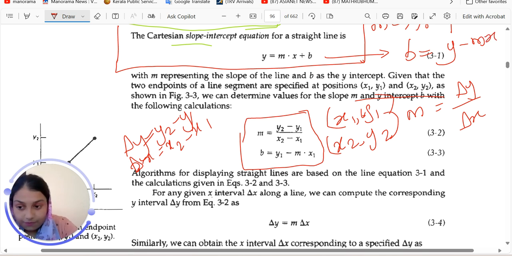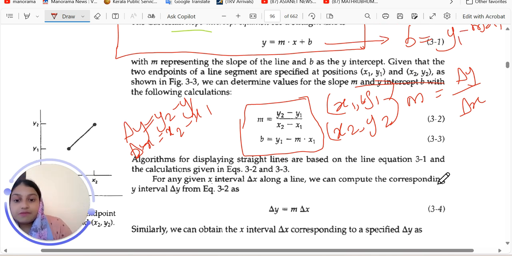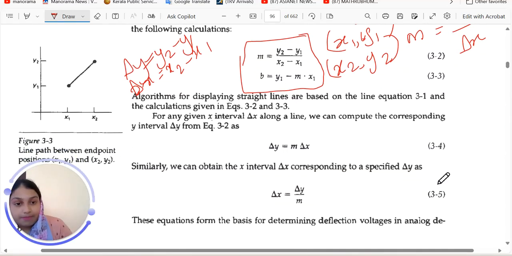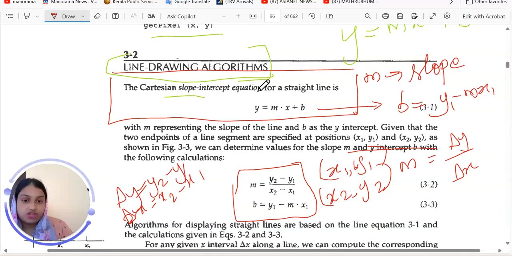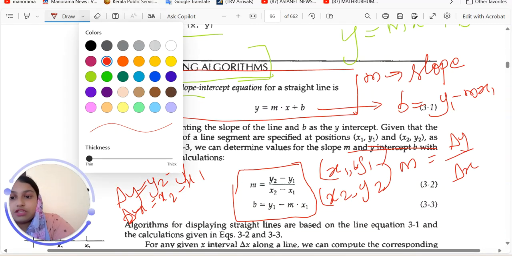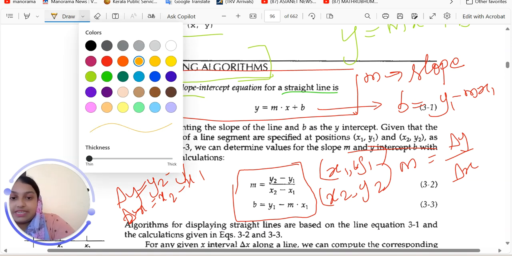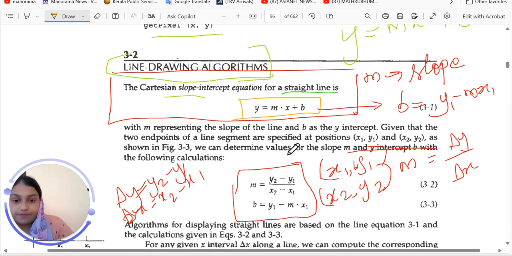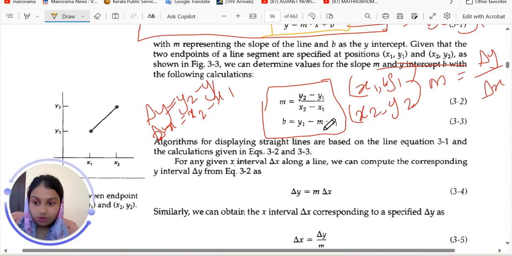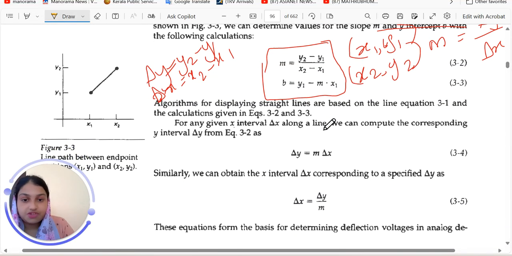For the first point, b is equal to y1 minus m x1. Now algorithms for displaying straight lines are based on the line equation, the Cartesian slope equation for the straight line, which you have to memorize in any case. Don't forget this one, and only with that we are calculating the rest of the equations.